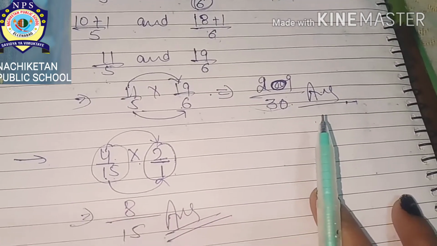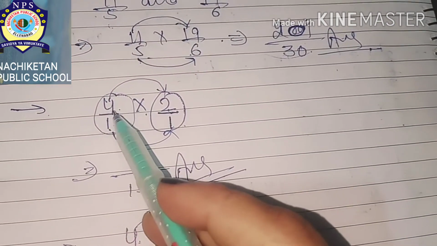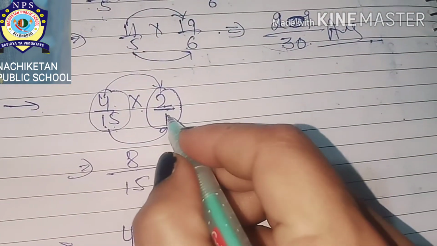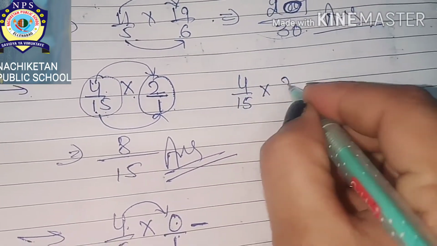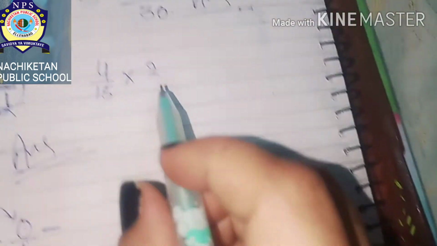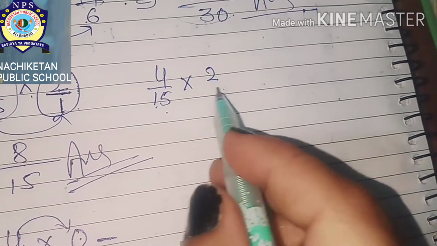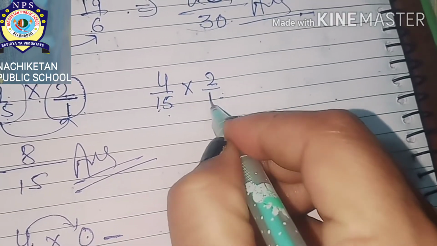Clear? Okay, now if you have a question like this, 4 upon 15 multiply only 2 is here. Clear? If you have a question like this, 4 by 15 into 2, how will you do the multiplication of these two? Firstly, you have to make this 2 into a fraction form.